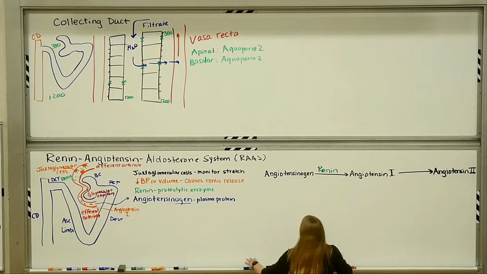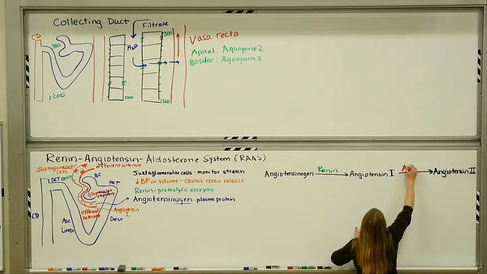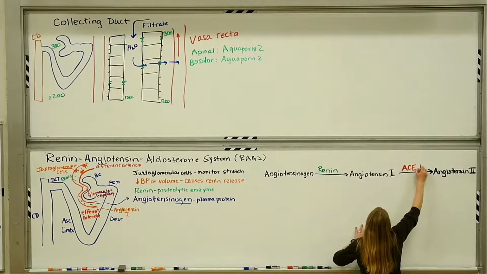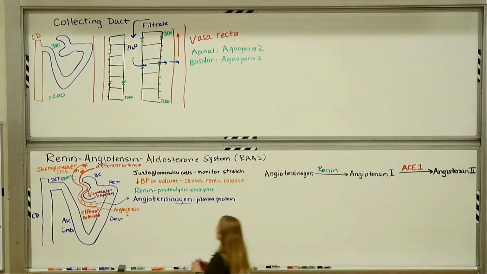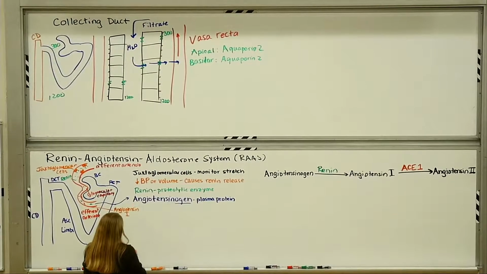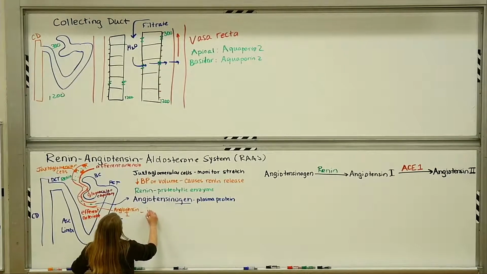What we're using for angiotensin 2 is ACE. Specifically ACE1. So I'm just going to put angiotensin 1. This is an intermediary.